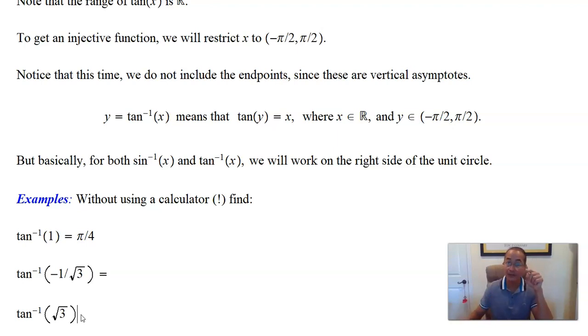Okay, so the other choice is 1 over radical 3. Radical 3 is bigger, so that must be the angle pi over 3. So it's pi over 3. Okay, so that must mean that this arctangent must be the other angle, pi over 6, but we are in the 4th quadrant, so it must be negative pi over 6.